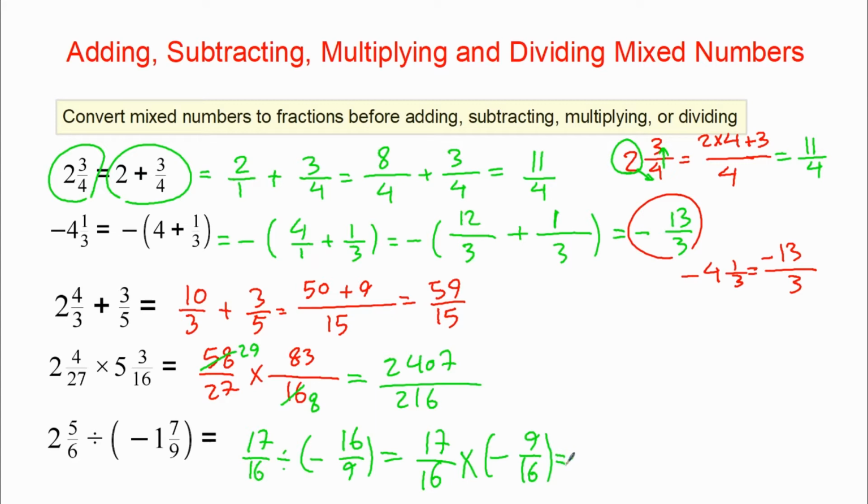As with other multiplication, if you have a positive times a negative number, the same goes for fractions, that would be a negative. Here we have 16 times 16, and then 17 times 9. Again, you cannot simplify this, so the answer would be minus 153 divided by 256.